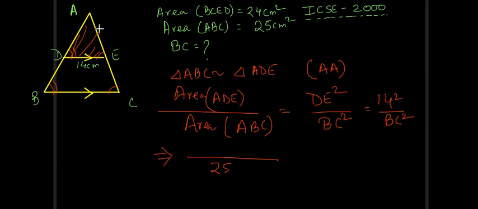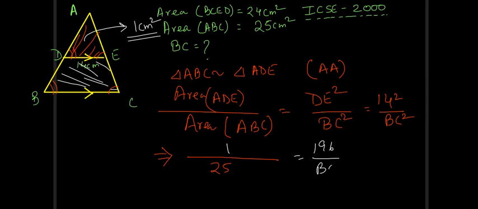The total area of ABC is known as 25 centimeter square, and the area of BCED, that means this portion, is known to me as 24 centimeter square. So this will be 1 centimeter square. Okay, so I can write it as 1 over 25, equals 196 by BC square.